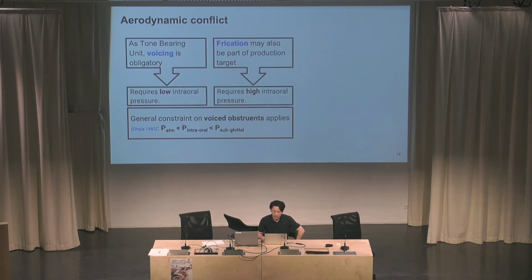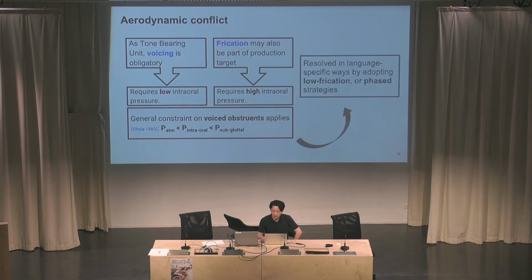Fricative vowels in Chinese are tone-bearing units, and if we have fricative noise consistently, they are also voiced obstruents, which are subject to aerodynamic voicing constraint. Voicing and turbulence are antagonistic. Because of the need to realize tone contrasts, voicing might be prioritized in the trade-off between voicing and frication. So some languages may use a low frication or phased strategy.